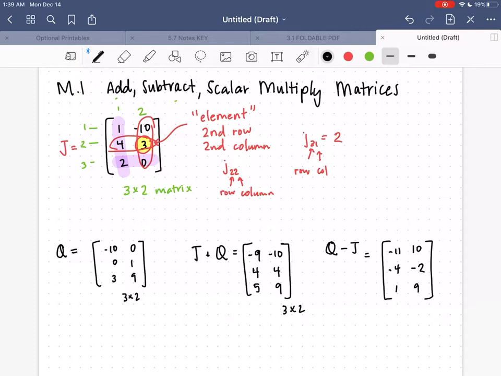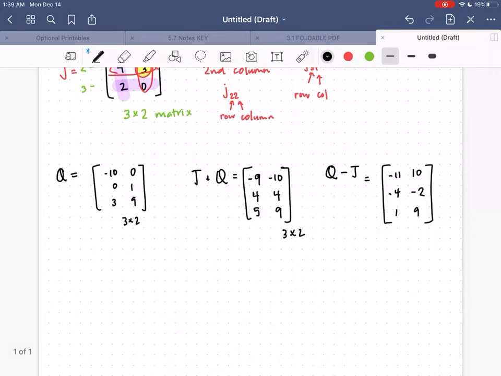The last thing is scalar multiply. That means that I'm going to multiply by a number on the outside. So let's say I wanted to do -2Q. That's going to be -2 times this whole matrix. And just like with the vectors that we already talked about, that -2 is just going to get distributed into every single element in here.